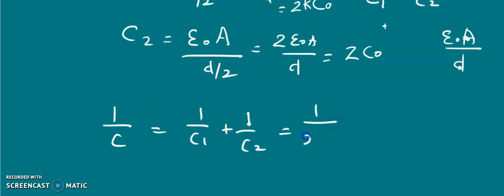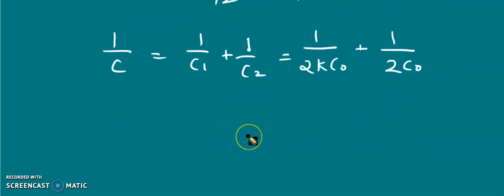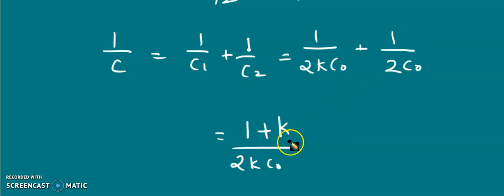Now we know that 1 over C equal to 1 over C1 plus 1 over C2. 1 over C1 is 1 over 2K C0 and 1 over C2 is 1 over 2C0. Taking 2K C0 as a common factor, we get 1 by 2K C0, and multiplying numerator and denominator appropriately, we get 1 plus K by 2K C0.